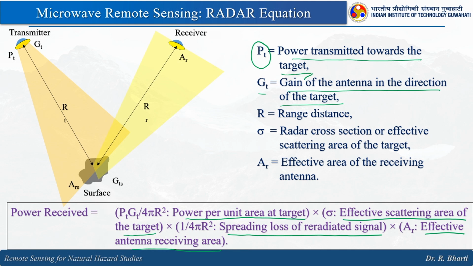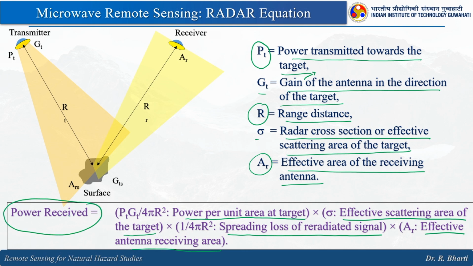The gain will be provided by the space agency launching the satellite. R is range distance and sigma is radar cross section or effective scattering area of the target. AR is effective area of the receiving antenna. These are used to calculate the power received by the remote sensing sensor in the microwave domain.